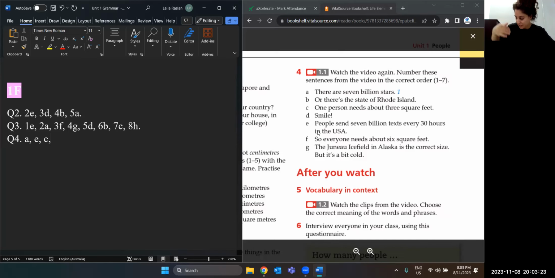Like, if a person is standing, how much space do they need? 3 square feet. Good. And then what did they tell us? Okay, so everyone needs about 6 square feet.